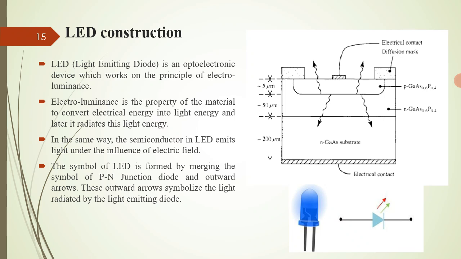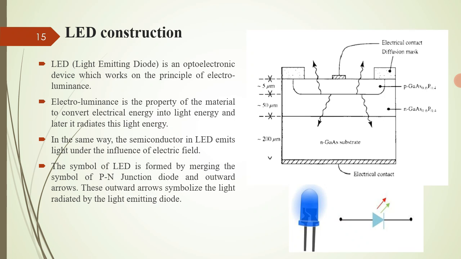Electroluminance is based upon the electric field concept. It uses the property of materials to convert electrical energy into light energy, and then radiates that light energy.